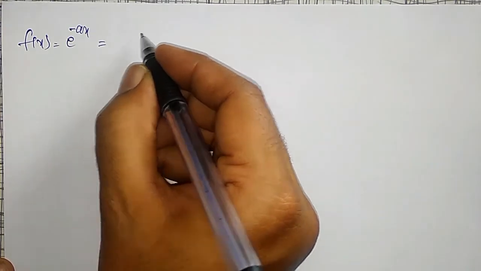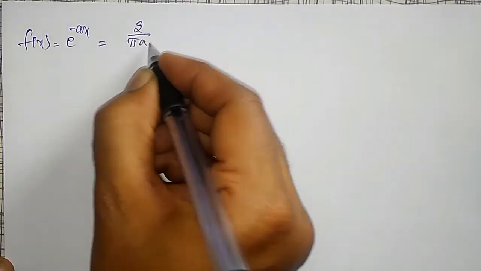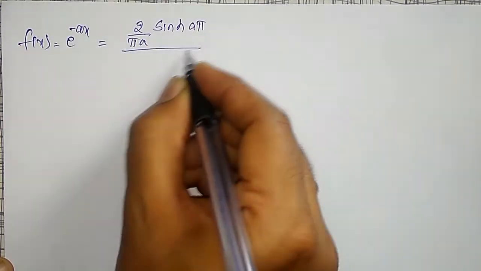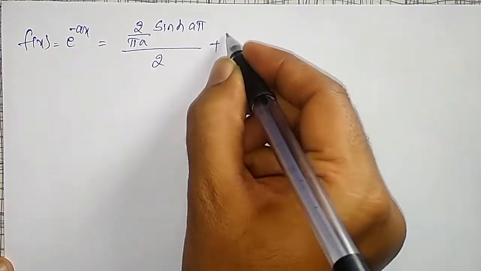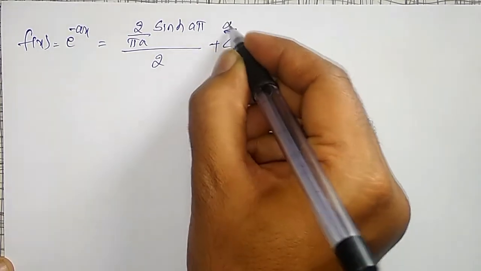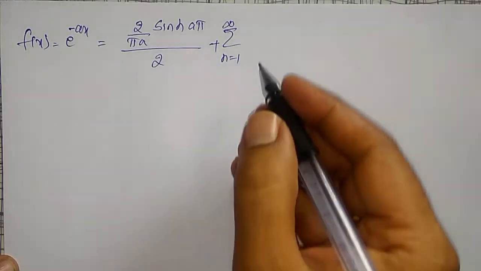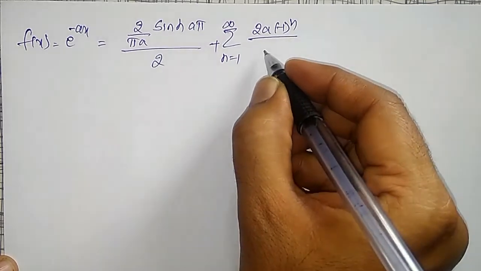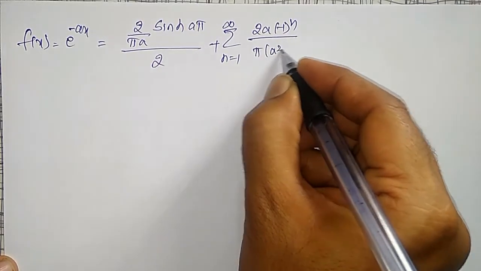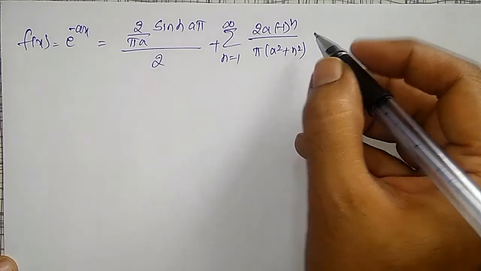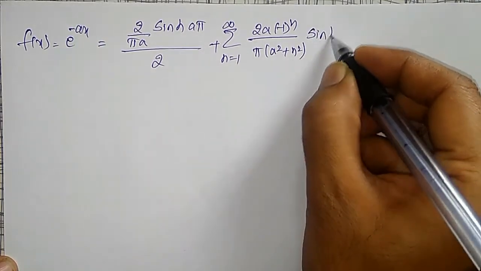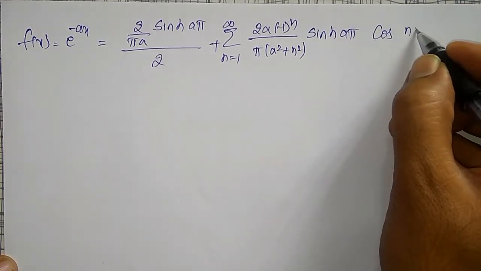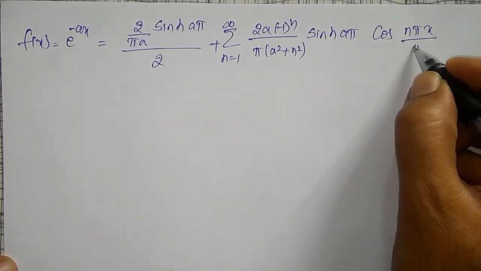A naught value is 2 divided by pi a into sine hyperbolic a pi, whole divided by 2, plus summation n equal to 1 to infinity an, which is 2 times 2a into (-1)^n divided by pi into (a square plus n square) into sine hyperbolic a pi into cos n pi x divided by L, therefore it is pi.